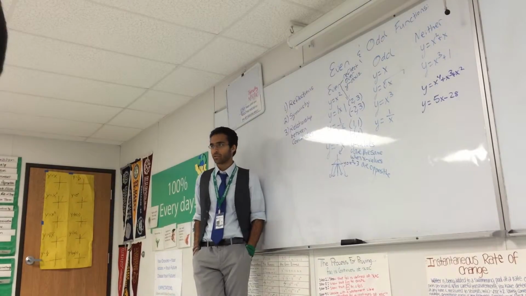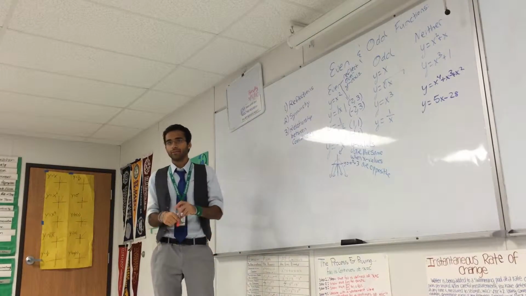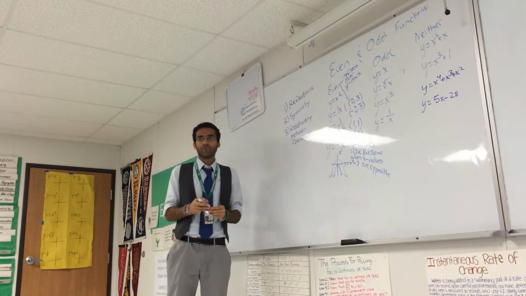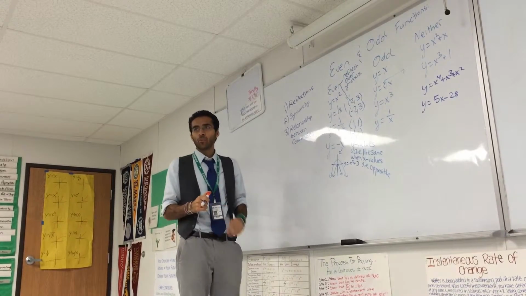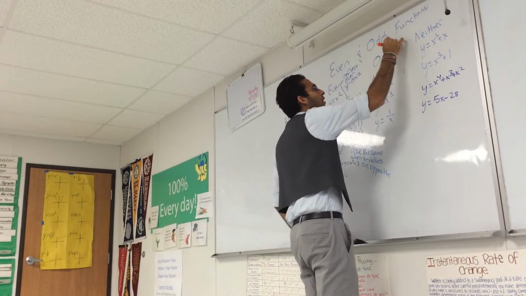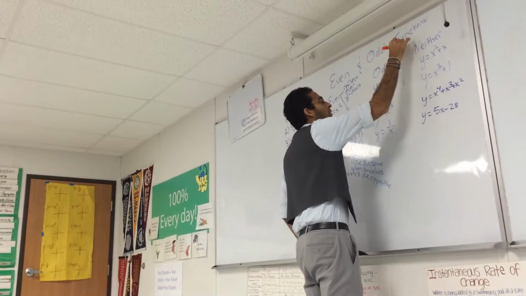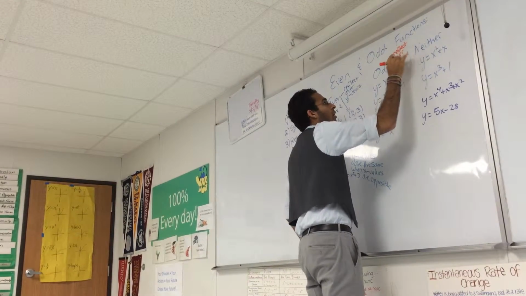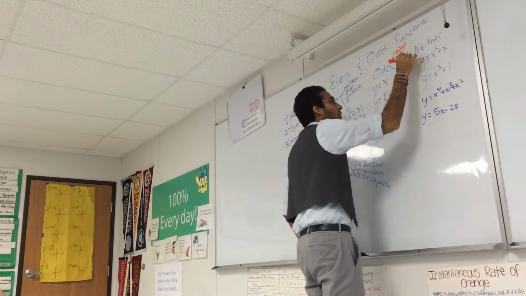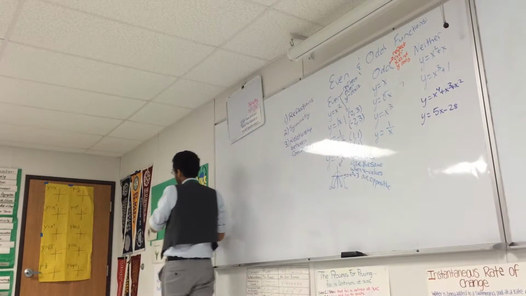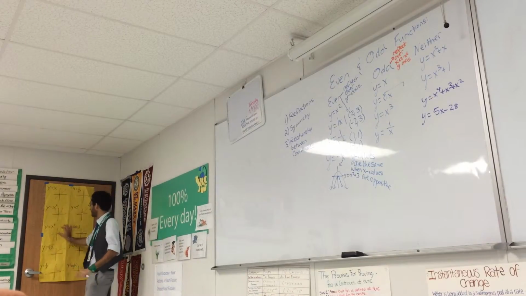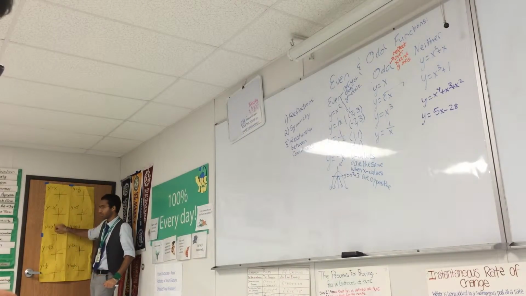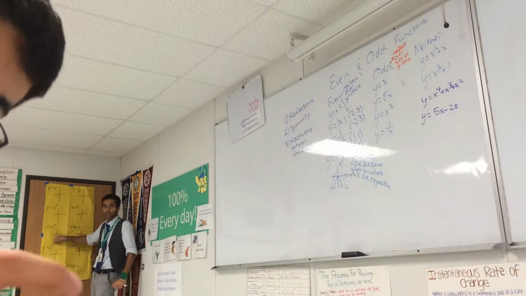Now, odd is a little bit trickier. Odd reflects over the x and y axis. If you think about this function right here, it takes this piece, flips it over here, and then flips it down.